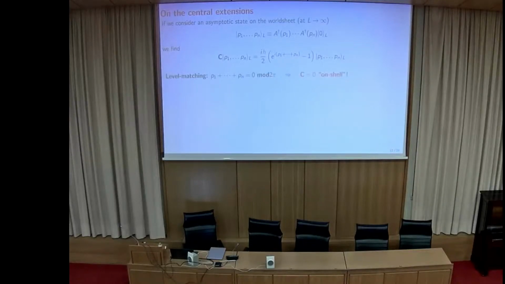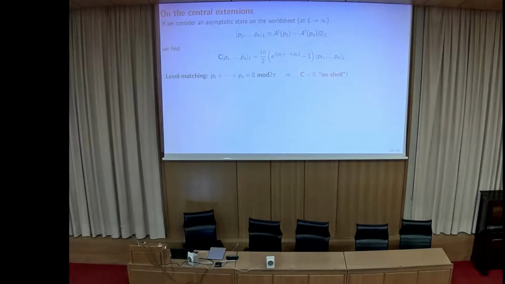And like any good string in light-cone gauge, you find that there is a condition on the worldsheet momentum of a state, meaning that it has to be 0 mod 2π if the state is physical. So if the state is physical, then actually this central extension annihilates the state.